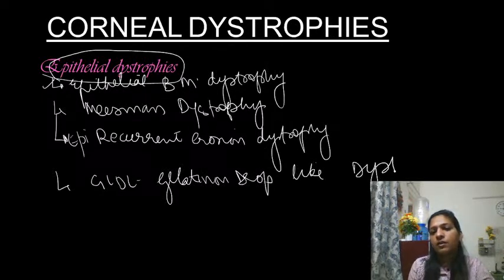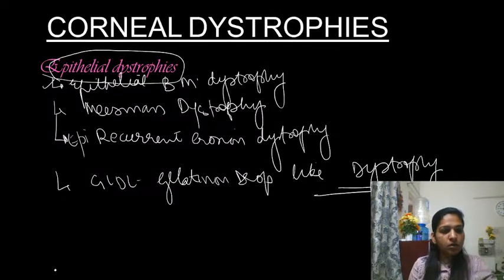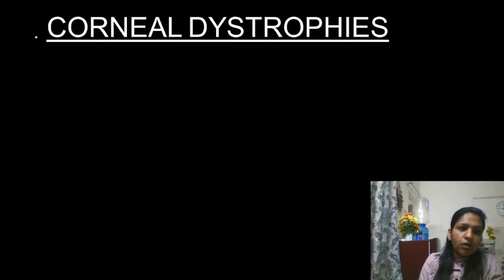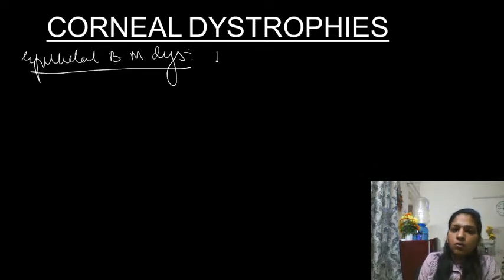Now I'll go into a little bit of detail of only epithelial basement membrane dystrophy. This is the autosomal dominant type, already discussed.